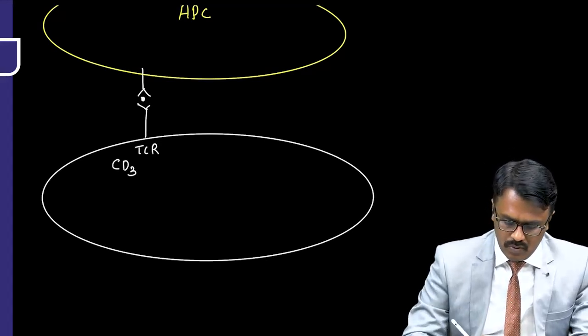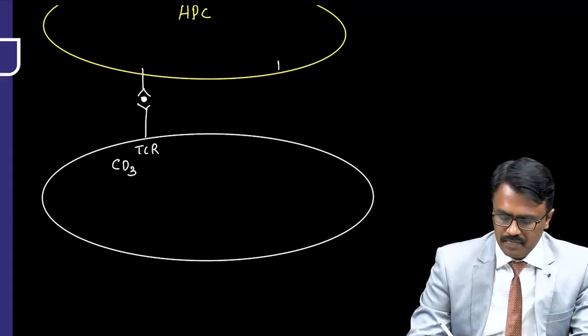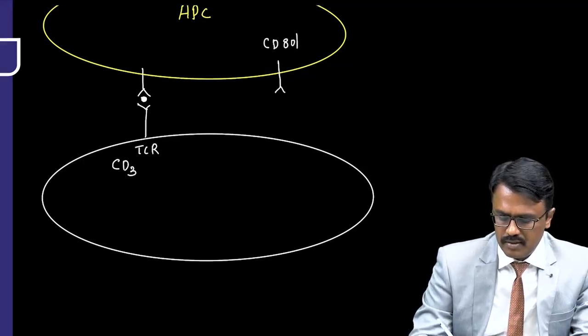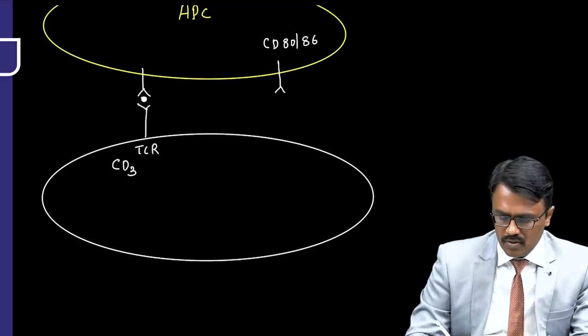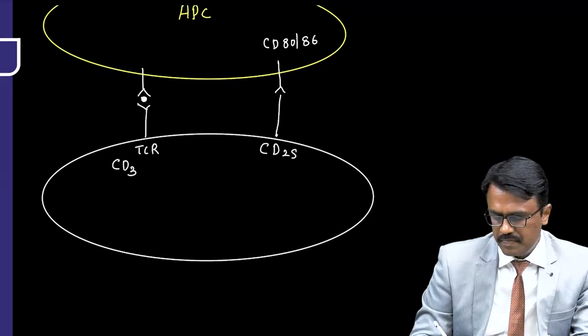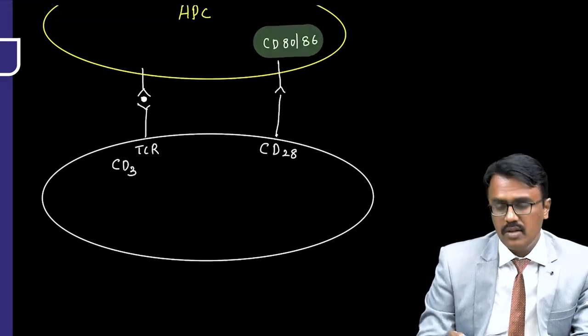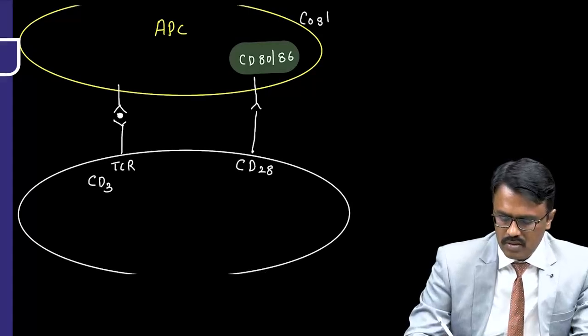To mount an immune response, there is also activation of one more factor, CD80/86. CD80/86 should also activate one more receptor in the T cells, and that is called CD28.